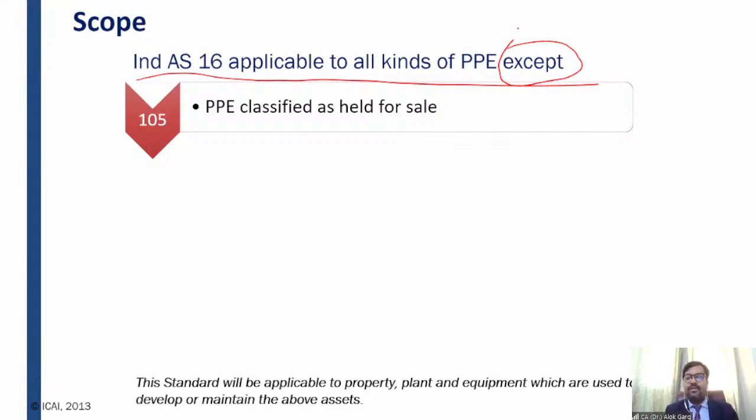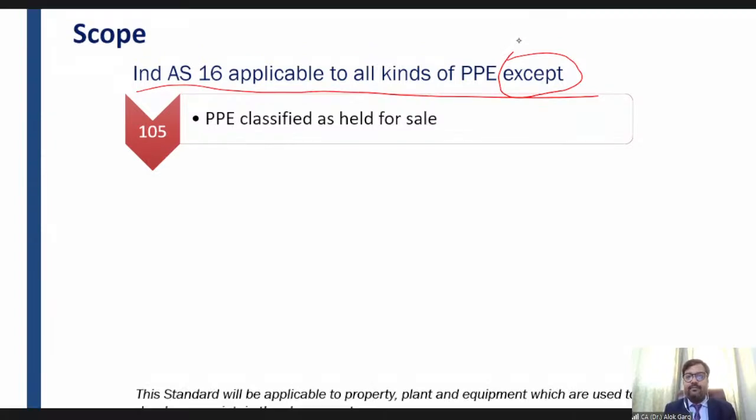So we all understand, because the car is inventory for Maruti. But what about Infosys if Infosys purchases a car from Maruti? Yes, Tarush, you're right. It is property, plant and equipment. It is not inventory, because Infosys does not deal in manufacturing and selling of cars, right? So it is property, plant and equipment.